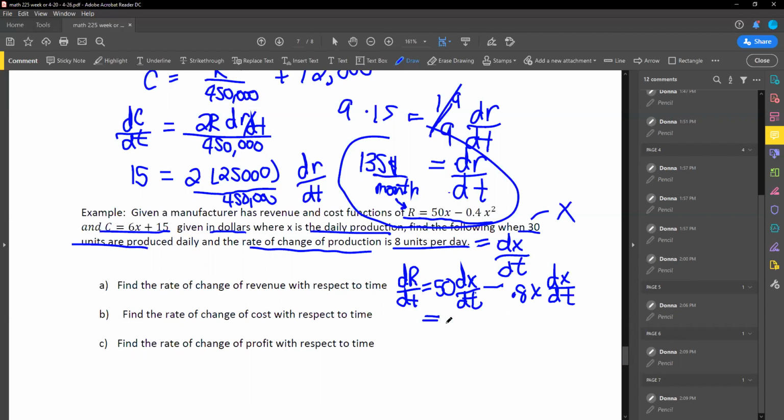So dR/dt would be 50 times 8, minus 0.8 times 30 times 8. Okay. So I just type it in the calculator.